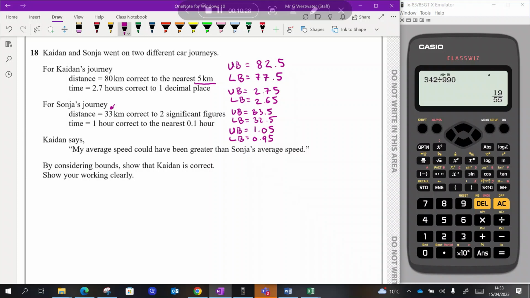You could turn these into minutes, but I'm just going to use an average of kilometres per hour, as these are both in kilometres per hour.